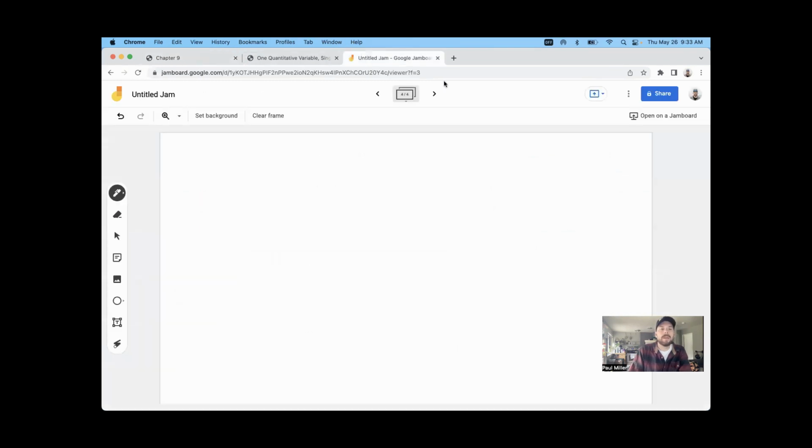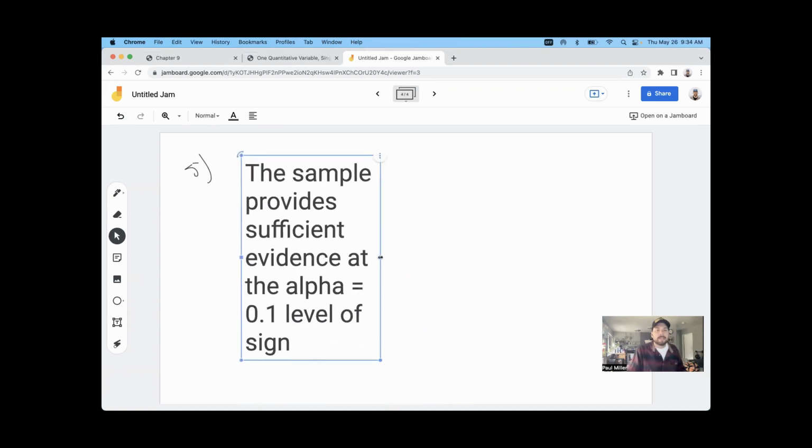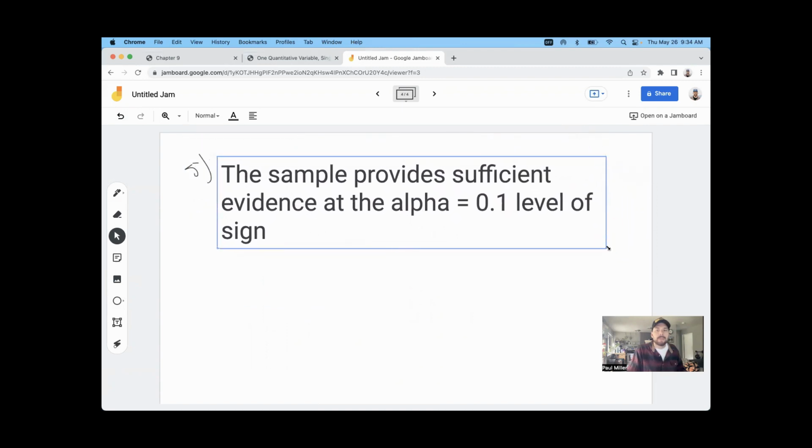So let me write that out here. Or maybe it's better, let me just type it because my handwriting is not the best in here. So the sample provides enough evidence at the alpha equals 0.10 level of significance.